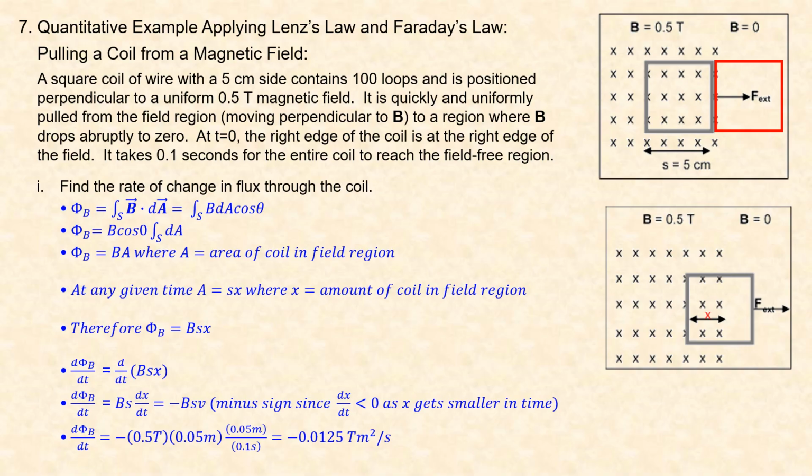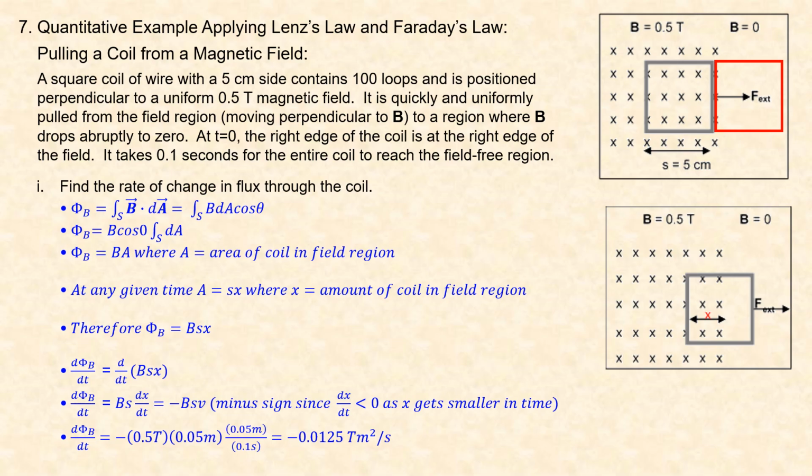So the last step then, finally, we've got to plug in our numerical values here. We're going to plug in 0.5 Tesla for the magnetic field strength. The 5 centimeter coil length in SI units, we'll put in 0.05 meters.